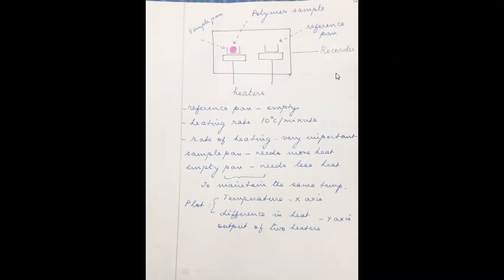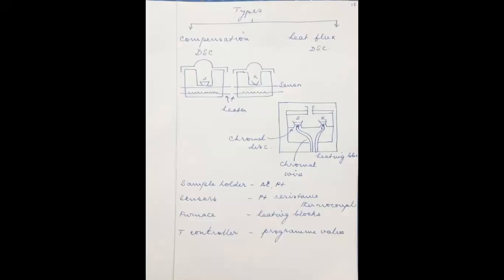Another thing, there are two types of differential scanning calorimetry. One is called compensation differential scanning calorimetry, and the other one is called heat flux differential scanning calorimetry. Look here, in the case of compensation differential scanning calorimetry, you can see the block diagram.